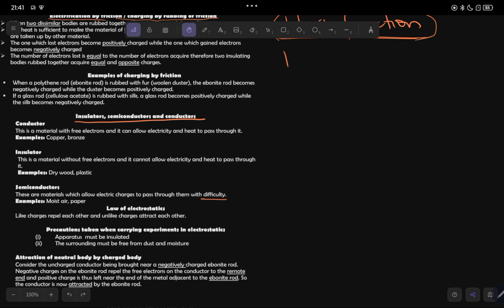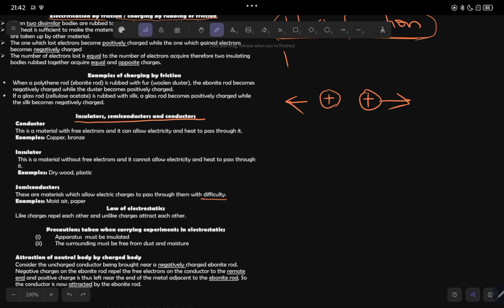The law of electrostatics. This law states that like charges repel each other, while unlike charges attract each other. If you bring a positive charge near another positive charge, they will be pushed away from one another. They try not to meet, so they are repelling.